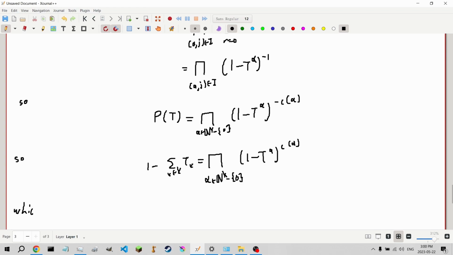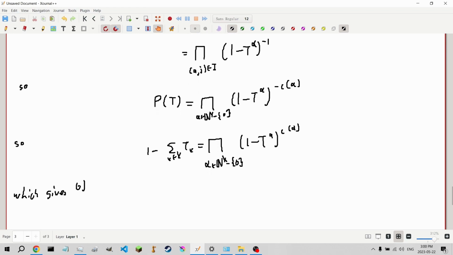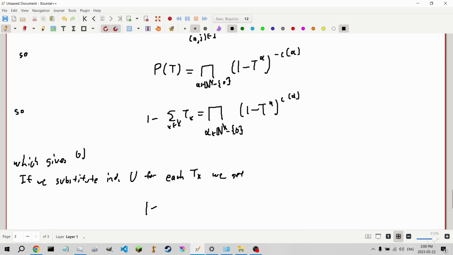So this gives b. If we substitute an indeterminate u for each tx, we get 1 minus this tx is going to be n copies of u.